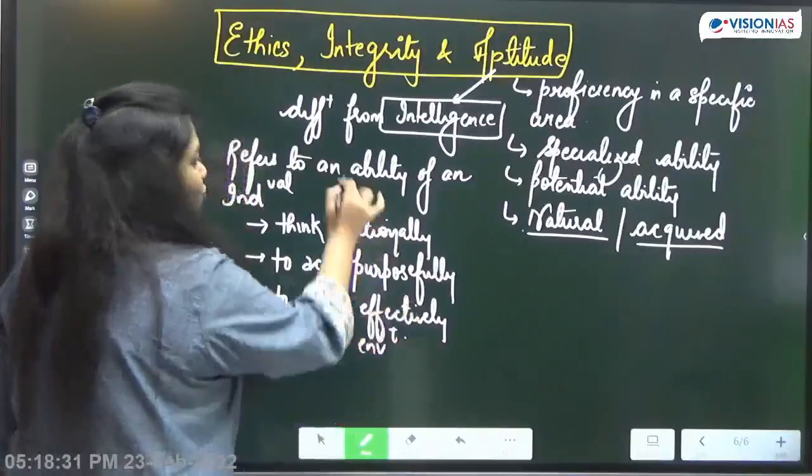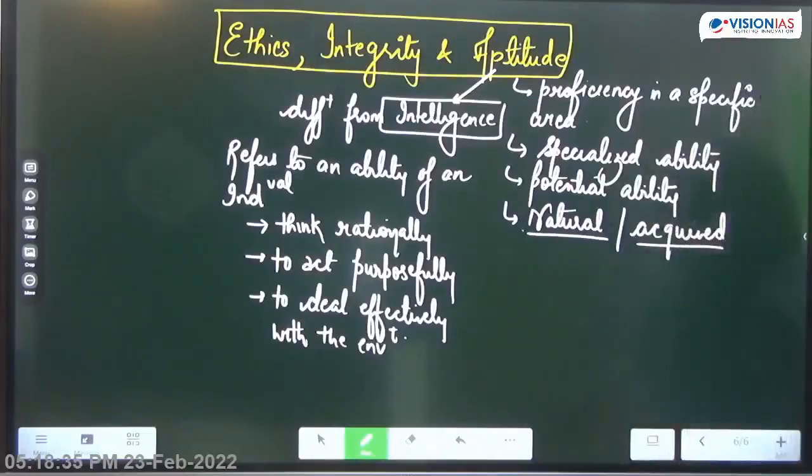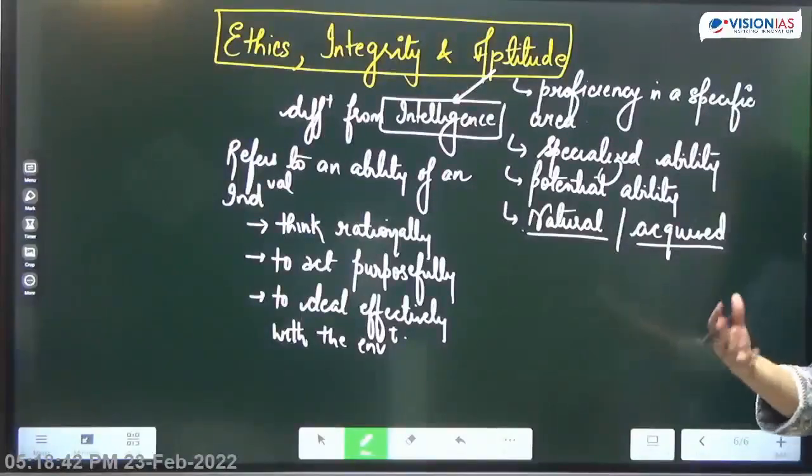If I have to broadly define intelligence, it refers to an ability of an individual to think rationally, to act with a certain purpose, to deal effectively with the environment. I'll call that person intelligent.